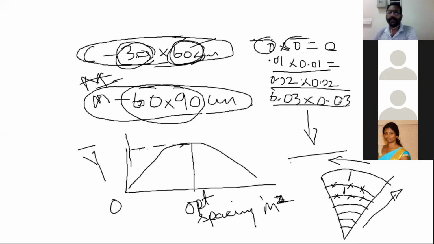So that is how the spacing trial could be done. So that is why we are using this fan design. This is called as fan design.